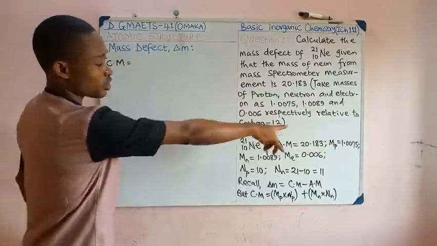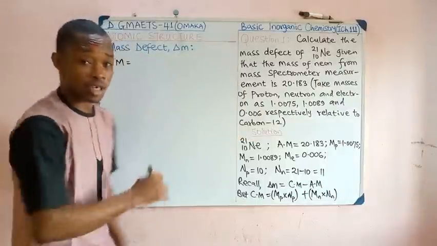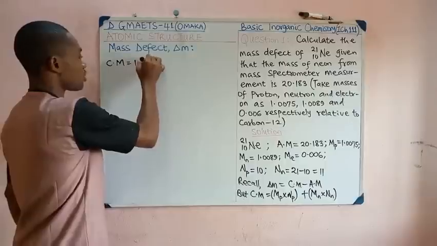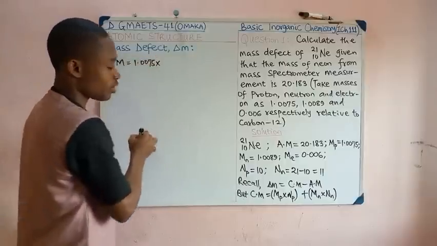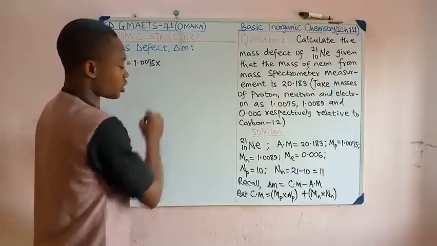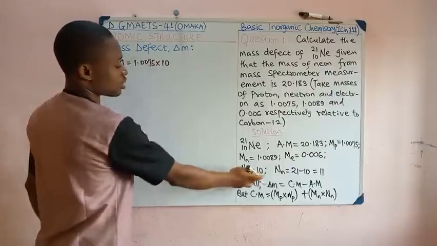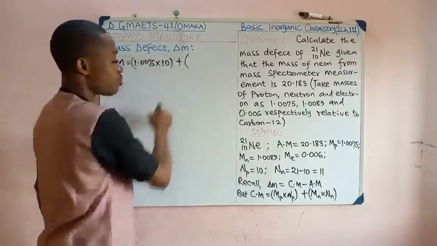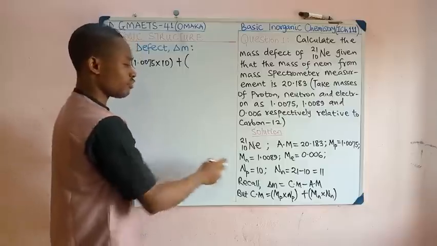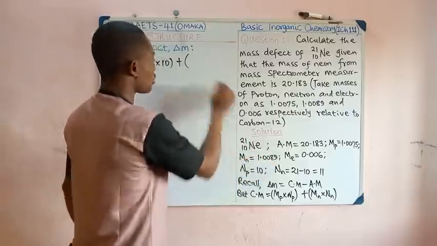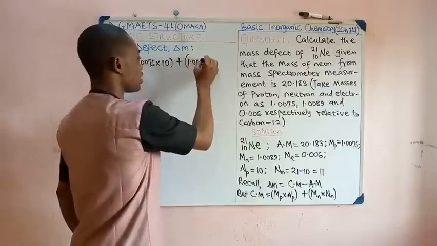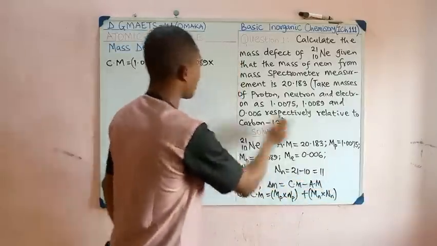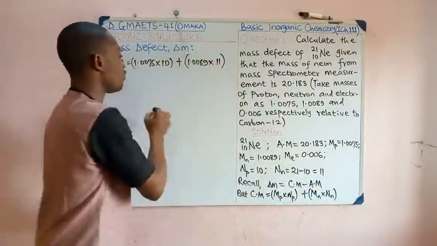Mass of proton from the question is 1.0075, and we multiply by number of protons, which is 10, that's the atomic number. We're going to add this value to mass of neutron, 1.0089, multiplied by the number of neutron, which has been calculated to be 11.